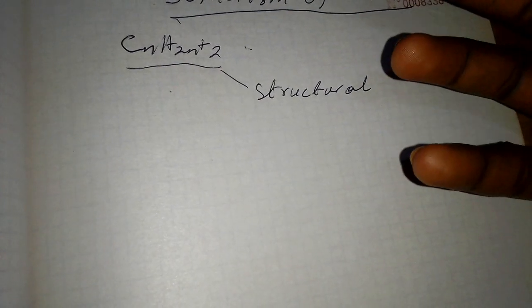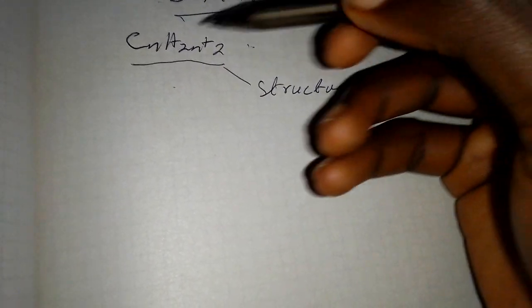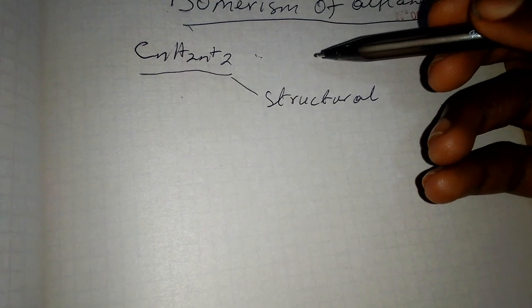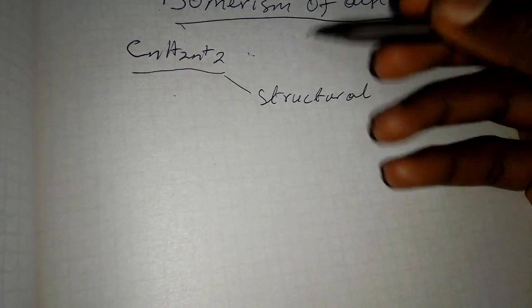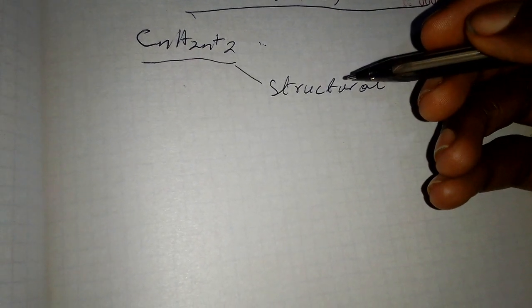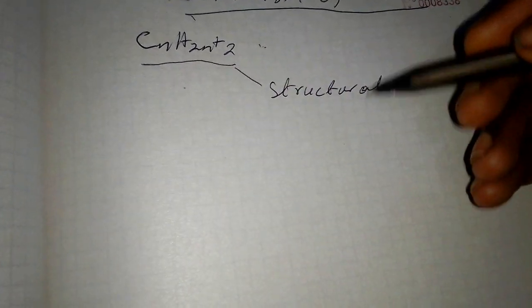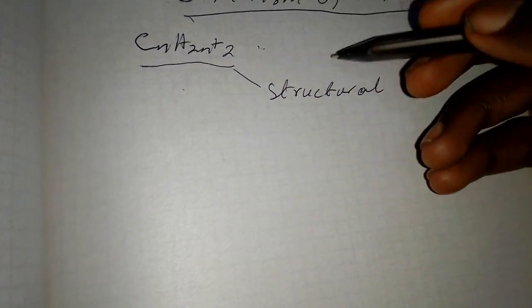So now we will have to know how to name the alkanes. For those who have seen previous videos, in my previous video I showed you how to name the alkanes.